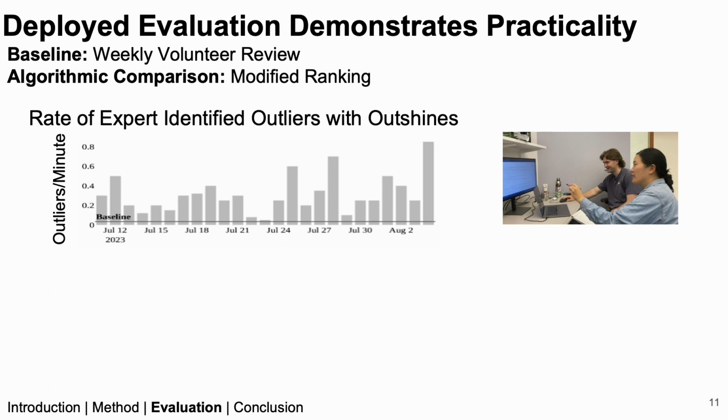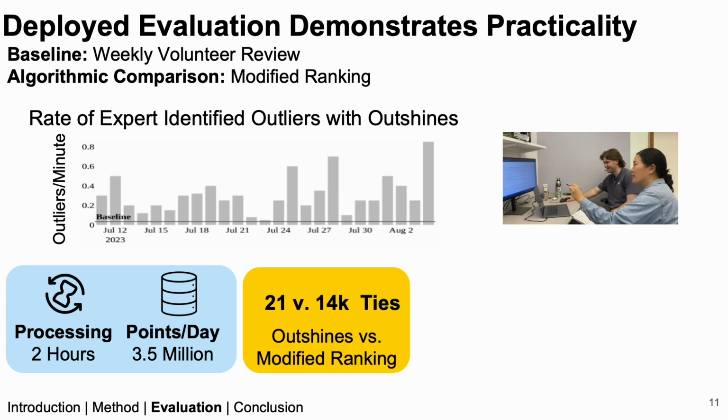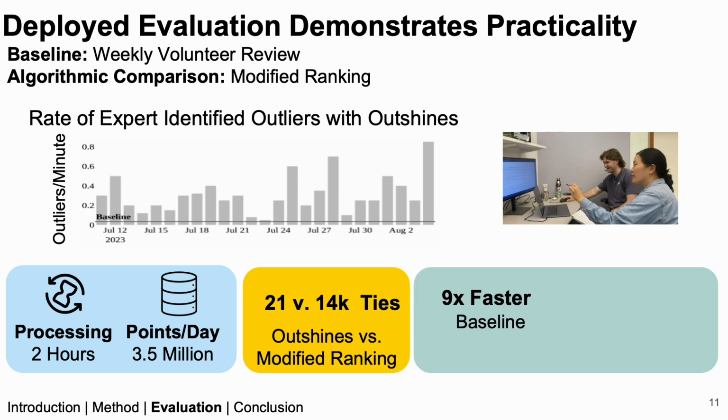So we could find that the rate of expert-identified outliers with OutShines was much higher than the baseline of weekly volunteer review. And there were also a number of additional benefits, like it didn't take too long to process the data using OutShines, or that there were far fewer ties, 21 versus 14,000, using OutShines versus modified ranking.